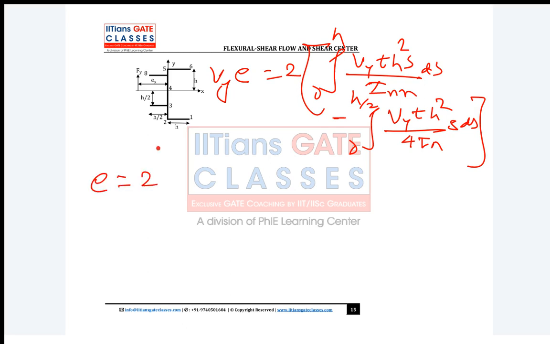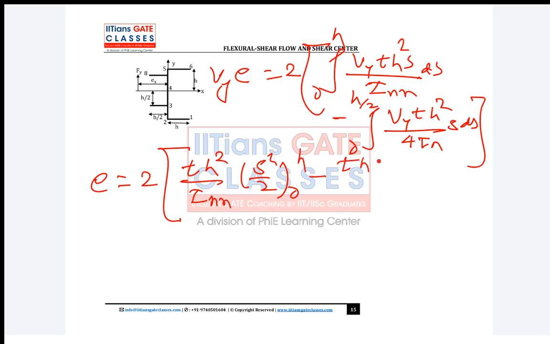Now if you integrate, what do we get? t h square upon Ixx, it's s square by 2, 0 to h, minus again t h square upon 4 Ixx. Then if you integrate, it will be s square by 2 and 0 to h by 2.